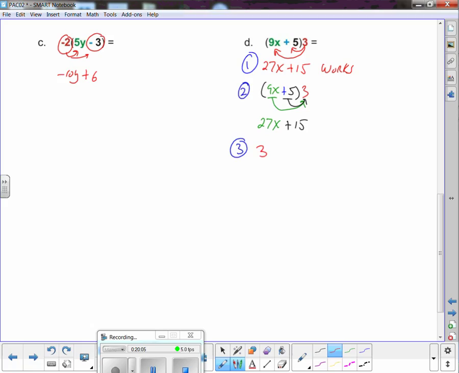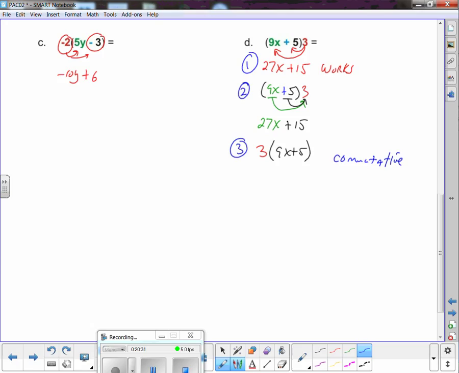See, the 3 is one thing, and the 9x plus 5 is really the second thing. It's a group. It's one thing grouped together. So we can use the commutative property. And most students like to distribute from the front. They feel more comfortable. Now it looks like every other problem we've done. So Emily, she's good at back distributing.